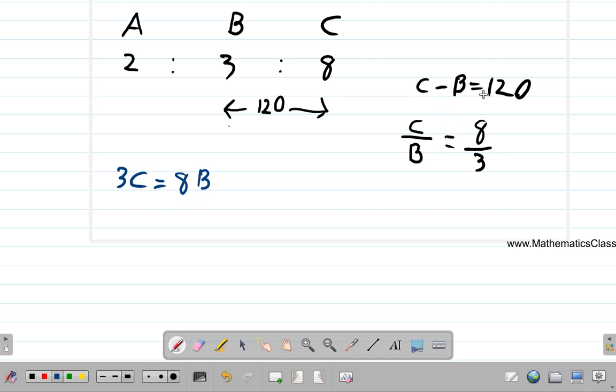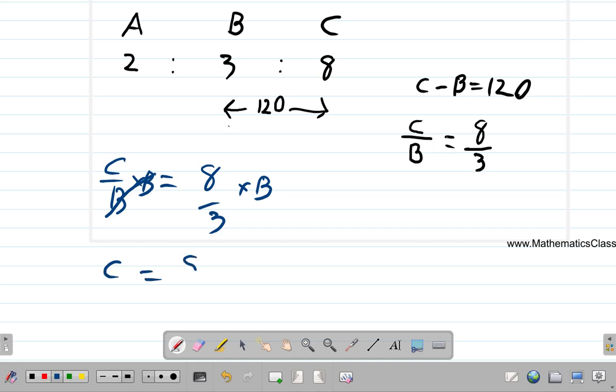But C minus B is 120. Let's go ahead and do it by just saying what C is equal to. If you multiply both sides by B, C divided by B is equal to 8 divided by 3, B will cancel itself.